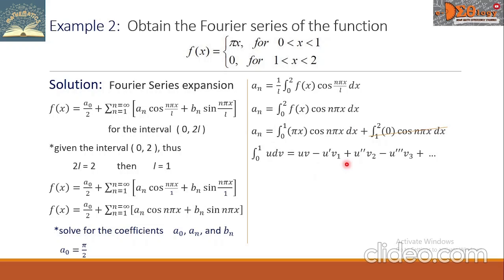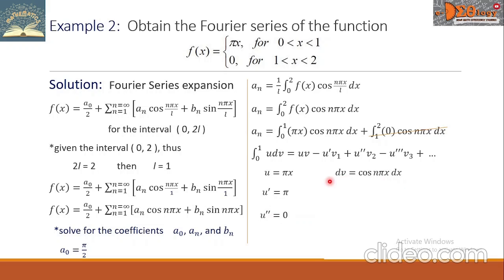Remember that we're going to use the Bernoulli's formula, and here it is. We will choose for the u and the dv. U is the pi x, the dv is the cosine n pi x dx. For the u, we will do differentiation until it reaches 0. So u prime equals pi, u double prime equals 0. Then we stopped.